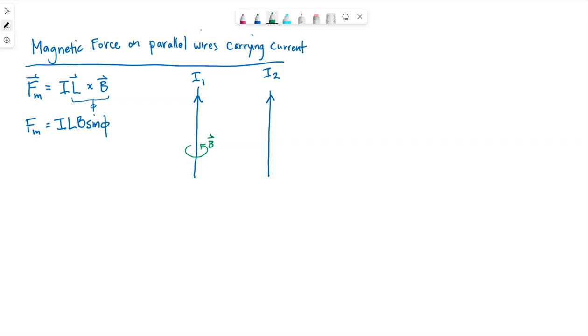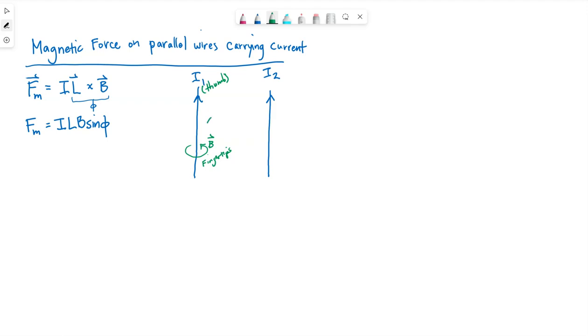From the right-hand rule, if I put my thumb in the direction of this current, my fingertips are the arrows that represent which way around this wire the magnetic field will circle.